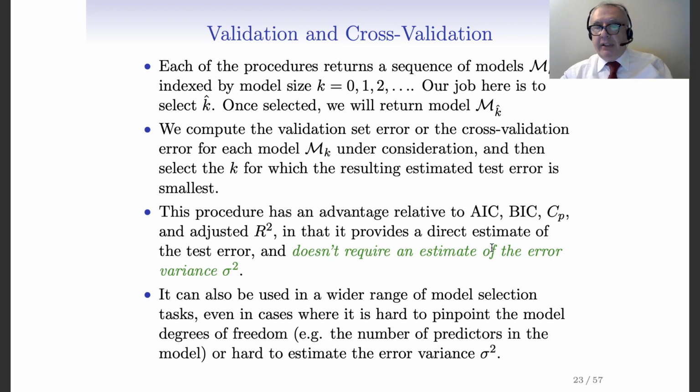Therefore, the applicability of validation and cross-validation is wider, because these problems we are addressing arise also with other types of models, not just linear regression, and in some cases it is also difficult to be sure about the degrees of freedom of the model.